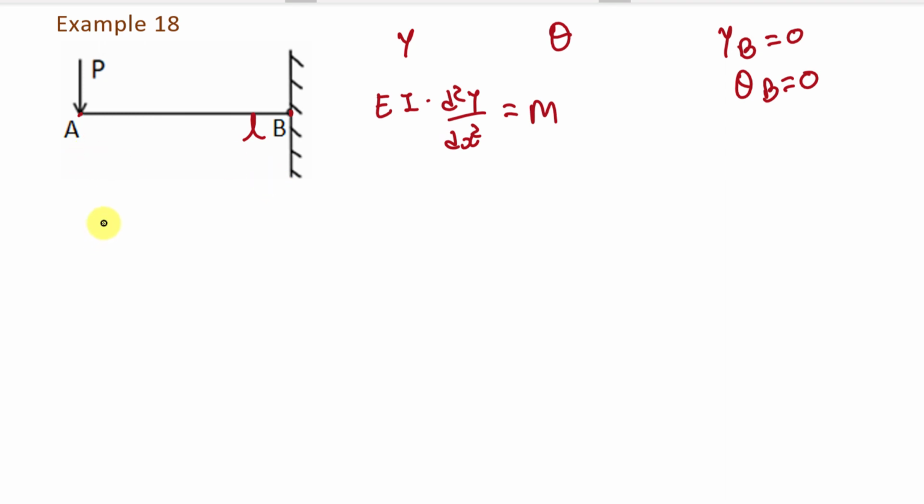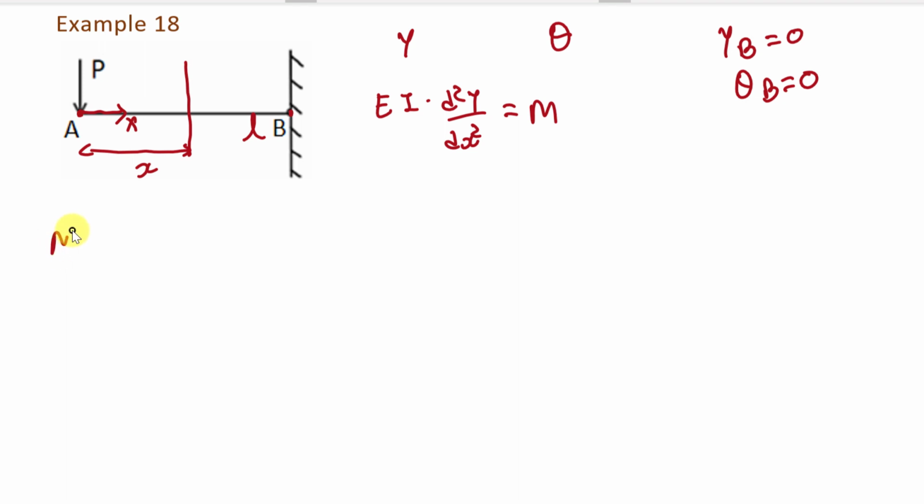Fine. If you remember how to find out the value of moment in this beam, for that, we will take a section in this beam at a distance of x from this point. Means here we are taking this point as origin and this direction as x direction.